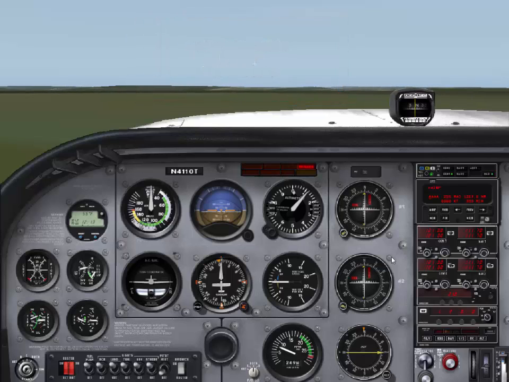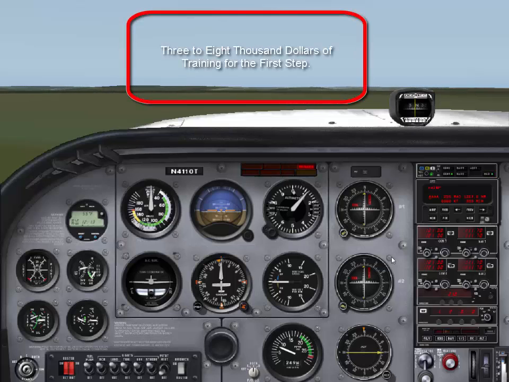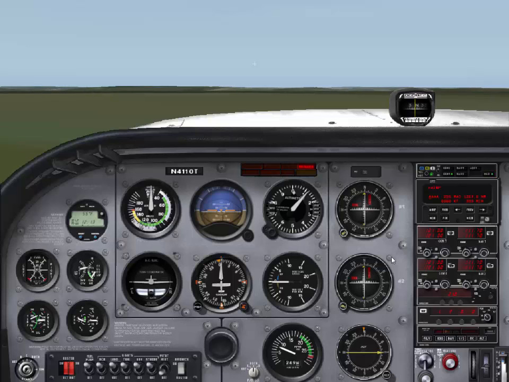Most flight instructors may push that out between 50 and 70 hours, and it is ultimately the decision of the flight instructor to certify when the student can solo. The student's pretty much at the mercy of the flight instructor.